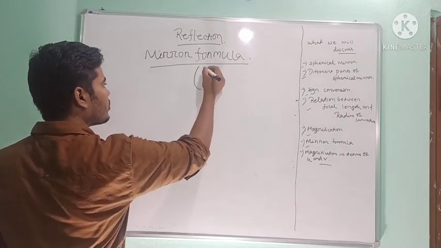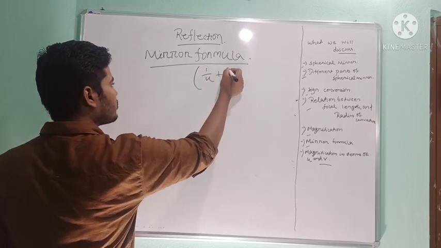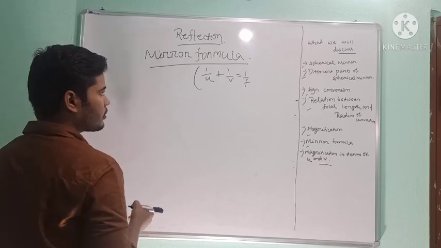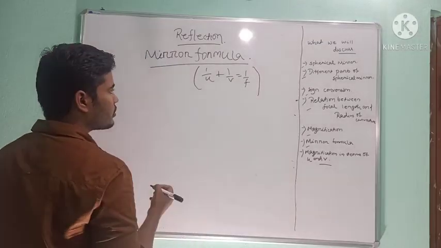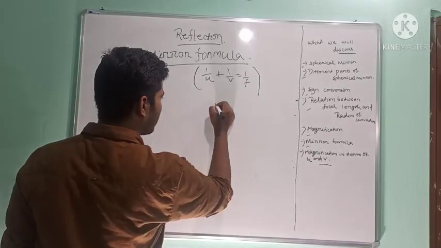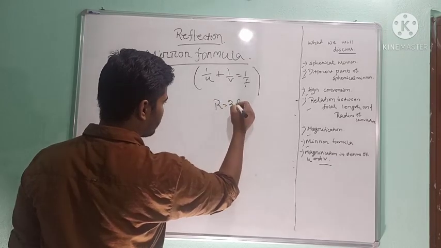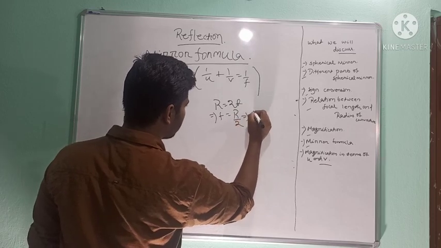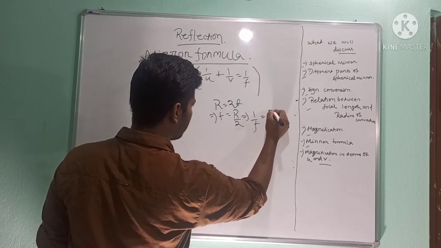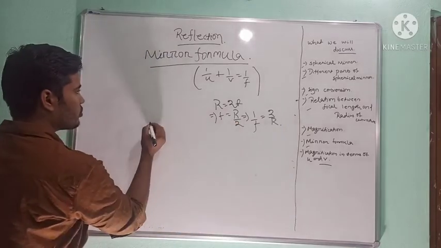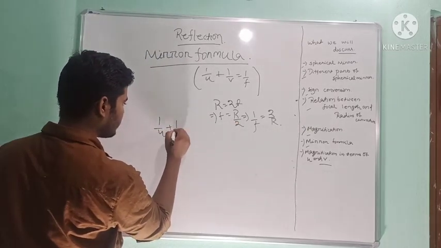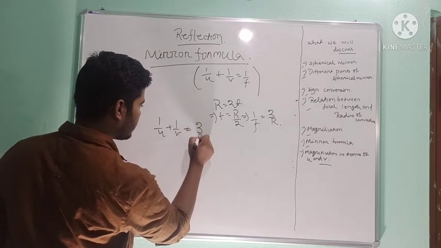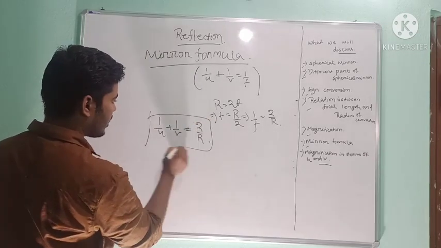It is 1 by U plus 1 by V is equal to 1 by F. Also we can write R is equal to 2F, so F is equal to R by 2, so 1 by F is equal to 2 by R, so 1 by U plus 1 by V is equal to 2 by R. This is another form.